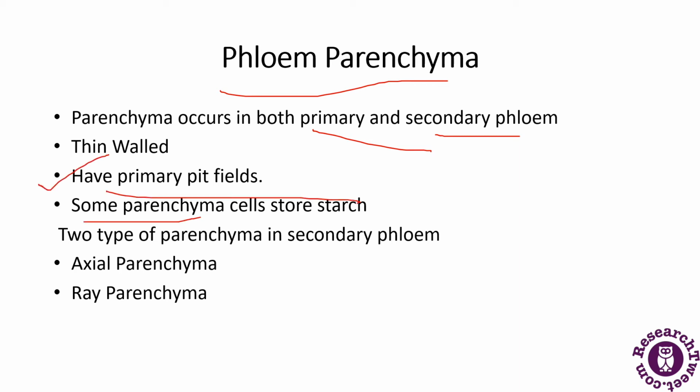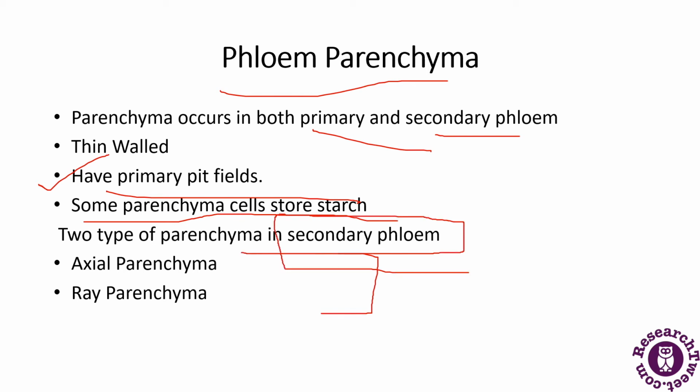Some parenchyma cells store starch, and two types of parenchyma are depicted in the secondary phloem: axial parenchyma and ray parenchyma.